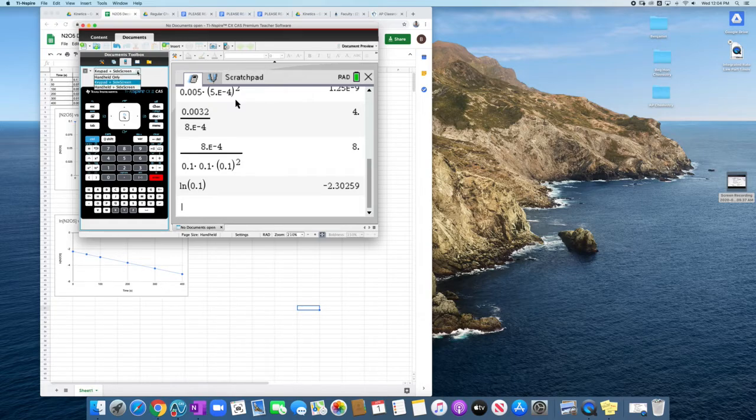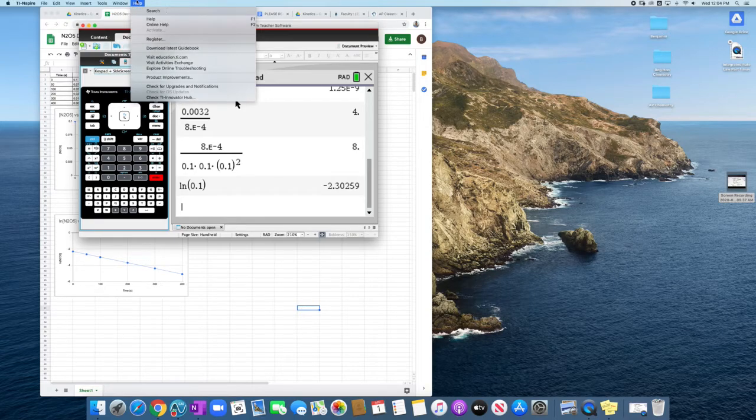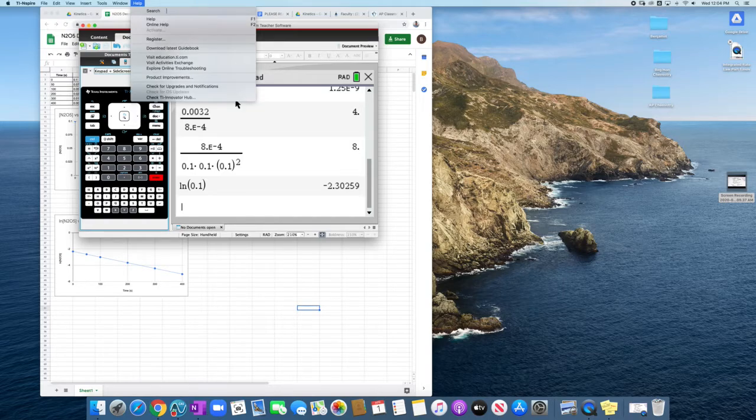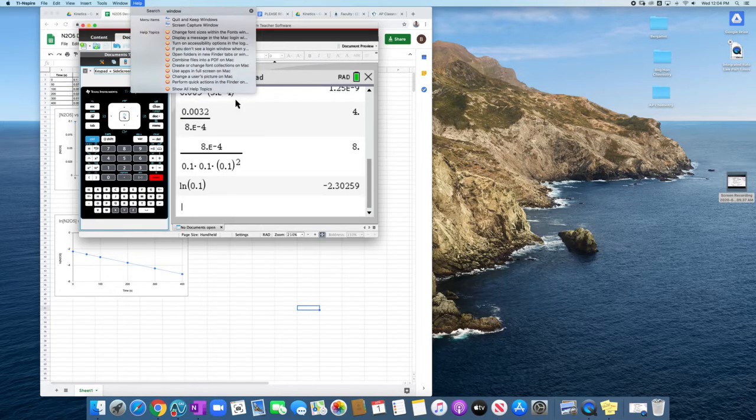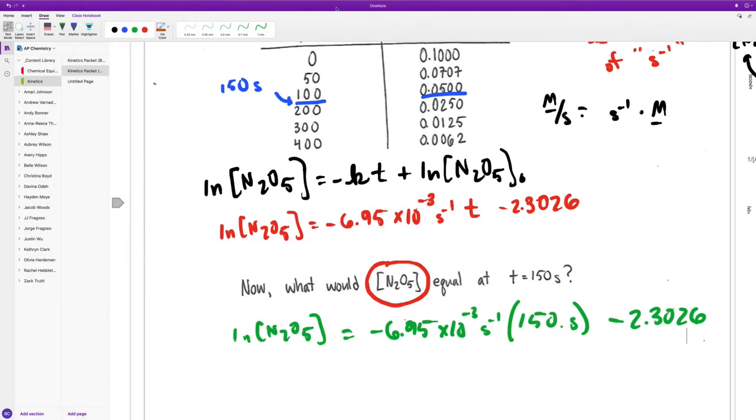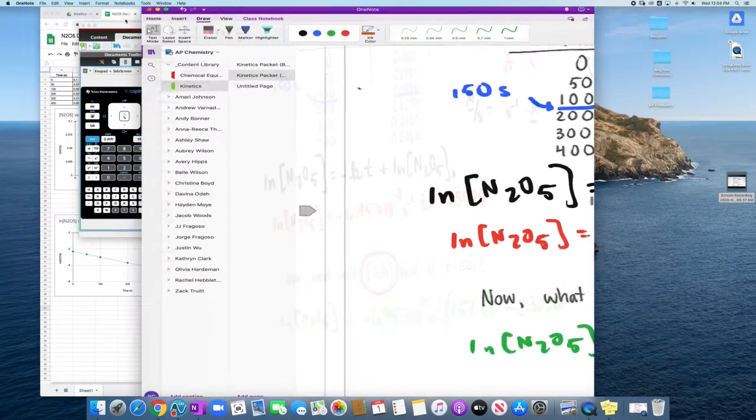There is an option to make this thing float on top. Good grief. Well, I've got to flip back and forth. Just minimize that.